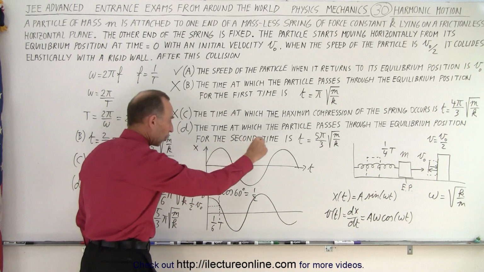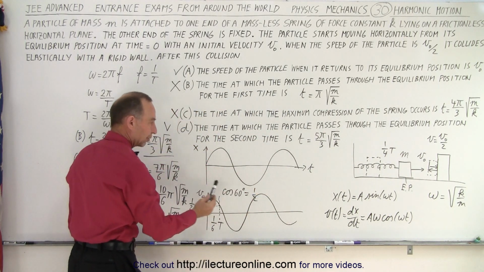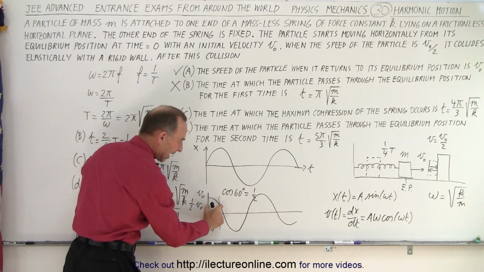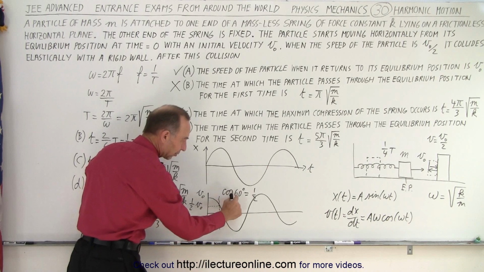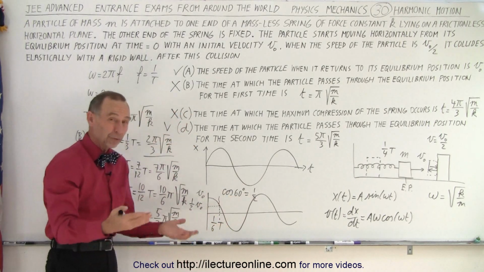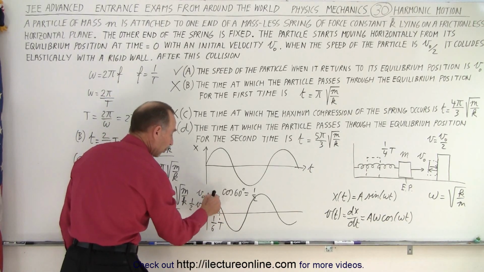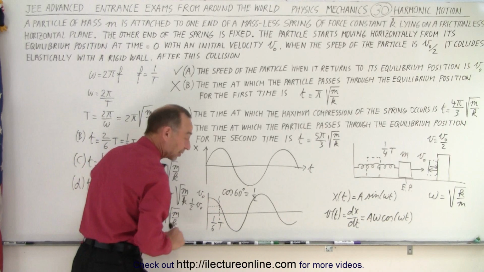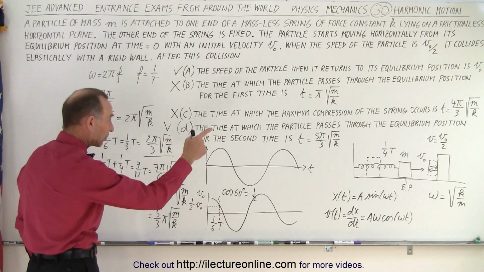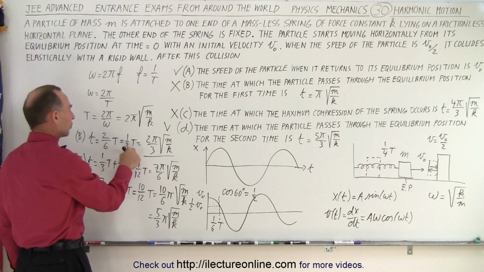If we draw a quick sine curve to represent position and a quick velocity curve to represent velocity, we realize that it reaches half velocity after 60 degrees, because the cosine of 60 is 1/2. 60 degrees is the same as pi over 3. And so we know that in 1/6 of a period we get the collision. We take 1/6 of a period, come back, which is 2/6 or 1/3 of a period, to make the trip back to the equilibrium position.